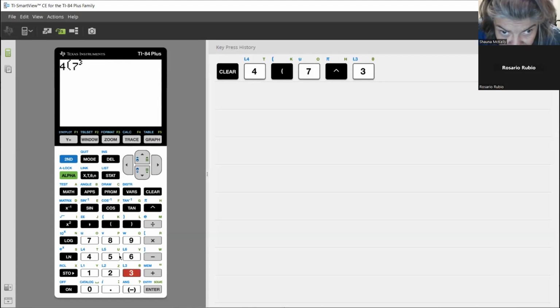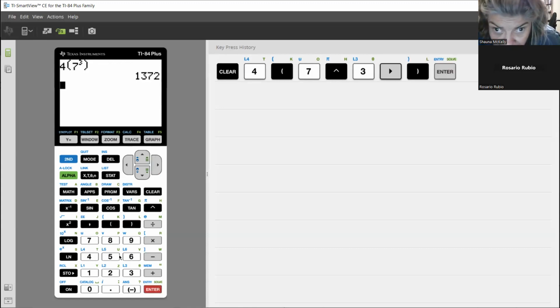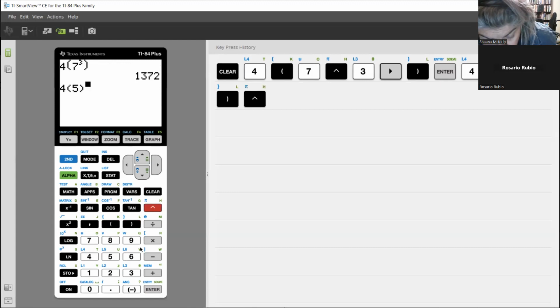All right, so I'm going to go here, close this. There's f of 7, right? F of 5 is just 4 times 5 cubed.